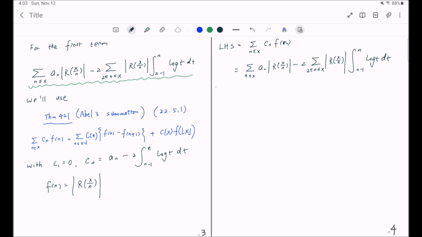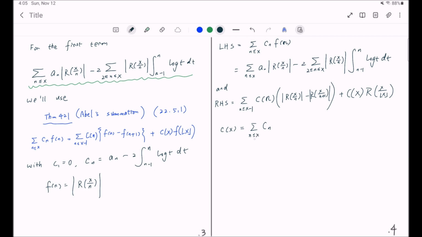And the right-hand side will become, and now let's figure out what c of x is. C of x, by definition, is a summation of c sub n for n less than or equal to x. Because c1 is 0, this is summation from n equal to 2 to the floor of x.